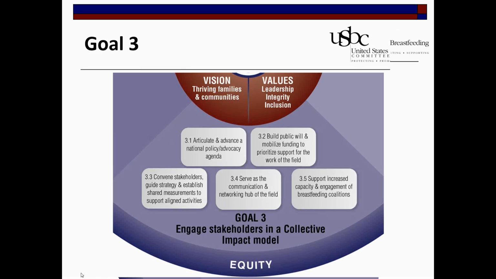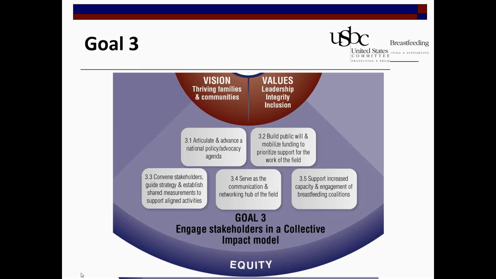We want to build a welcoming experience for all who engage with the organization, and we also want to integrate equity at the core of all our collaborative work. And we feel this is an intense need in the nation today, and that the United States Breastfeeding Committee can model a culture to help meet those needs.